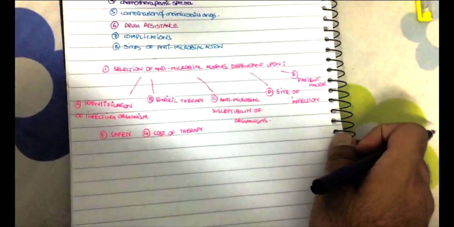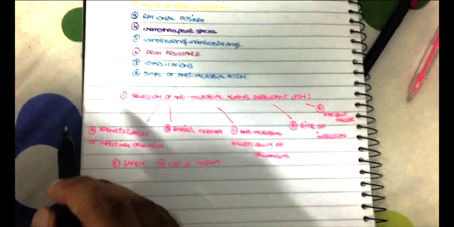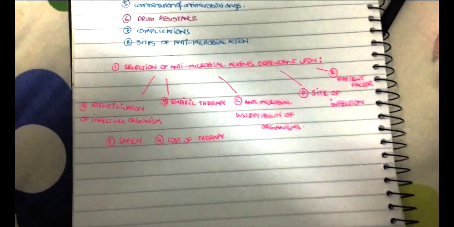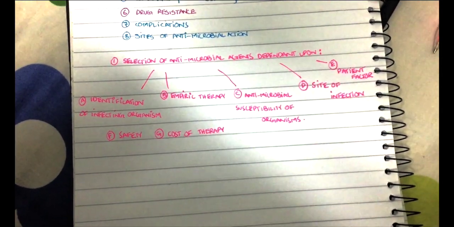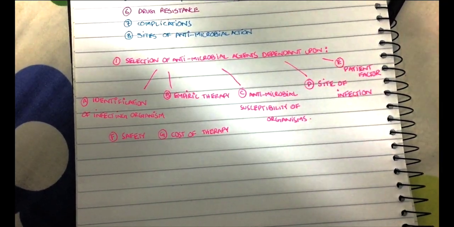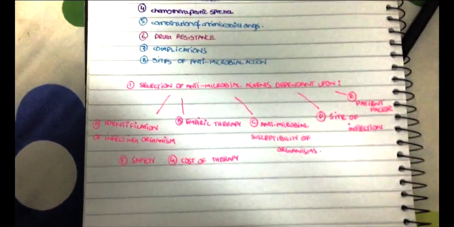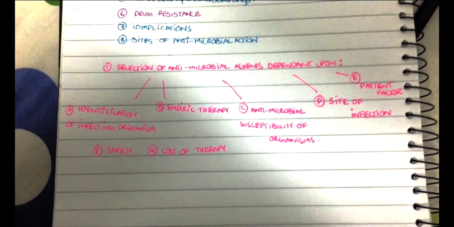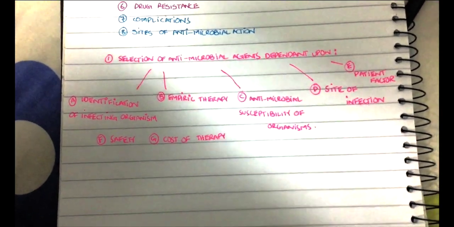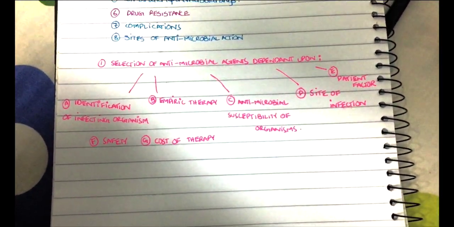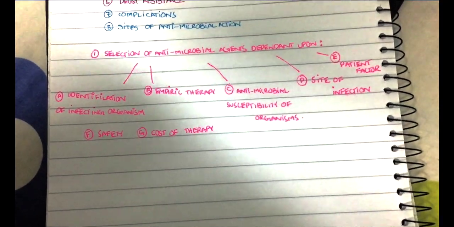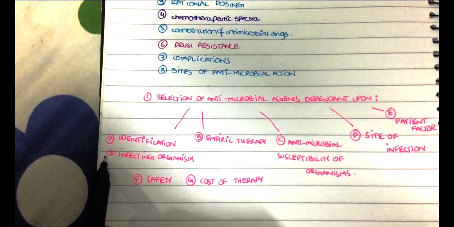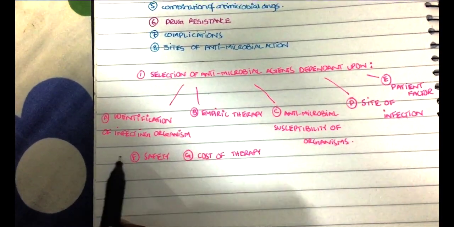First of all, we'll study selection of antimicrobial agents and what these are dependent on. The selection of antimicrobial agents that we need for the cure of a disease is dependent upon, first of all, identification of the infecting organism.